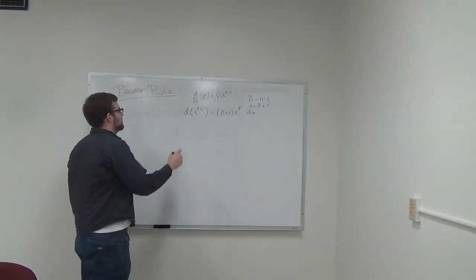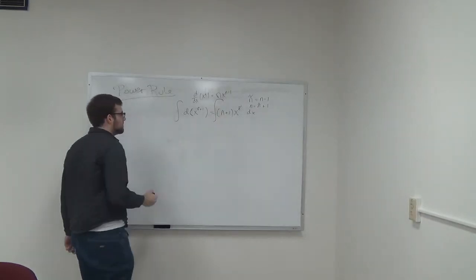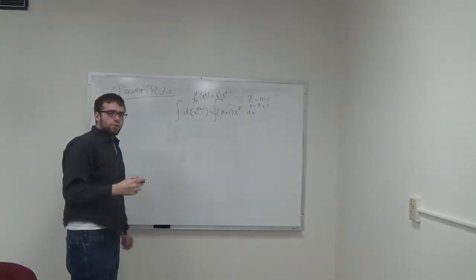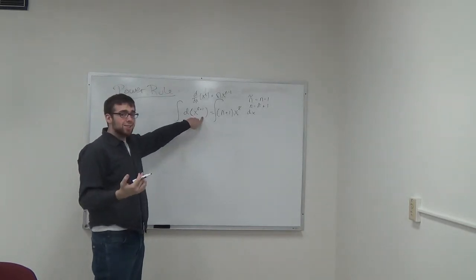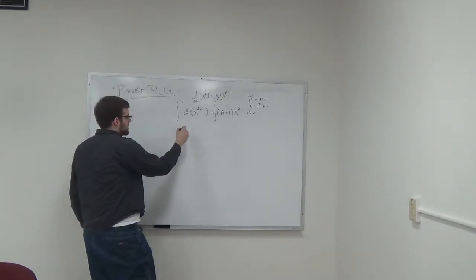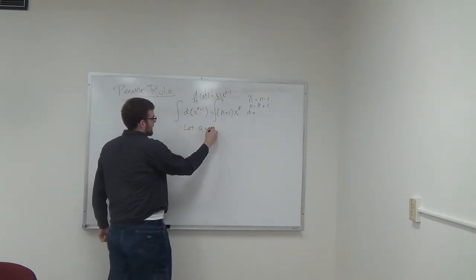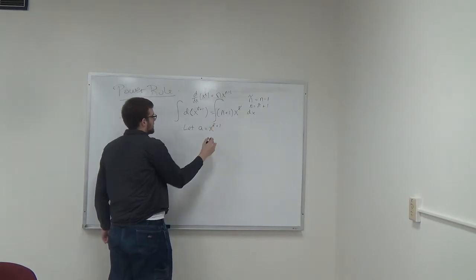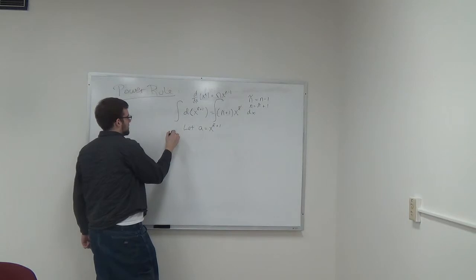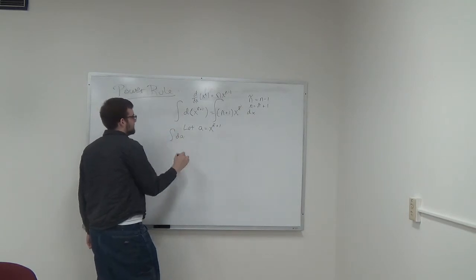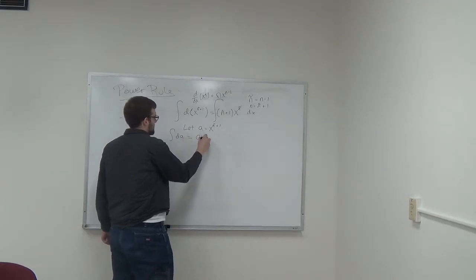Okay, so now we want to integrate both sides. If we can remember from a previous video, we did a trick like this. So let's let A be equal to x to the n tilde plus 1. So let's integrate dA, which equals A plus c.